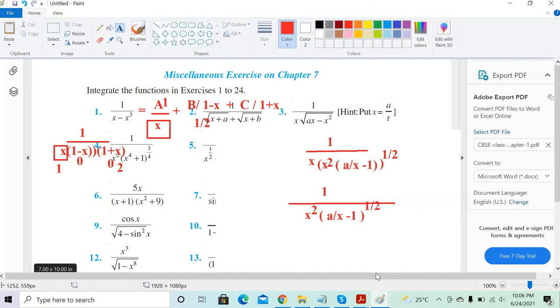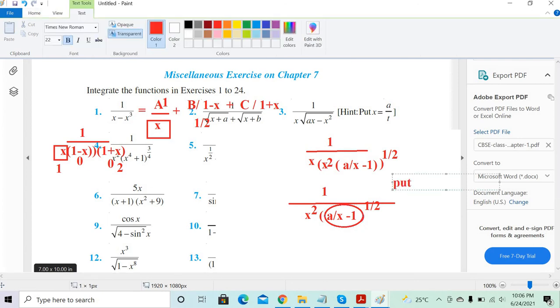Now you can take this entire term a by x minus 1 as t. Put t equal to a by x minus 1. Then differentiate both sides, dt by dx will be equal to minus a by x square. Correct? Yes, sir. Understood?